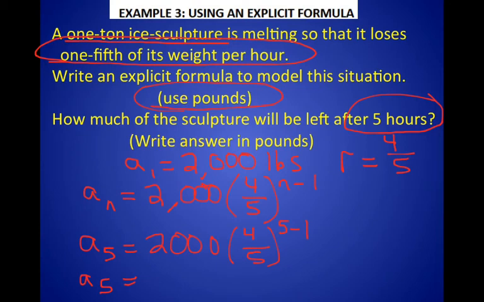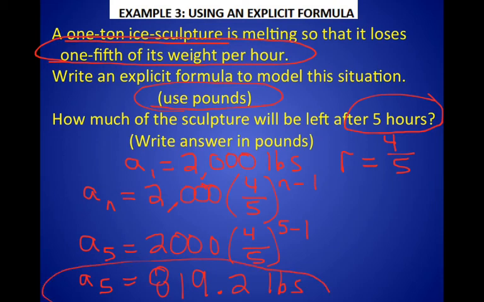So that's going to be 2,000 times, and make sure you put 4/5 into the calculator, raised to the 4th power, and it looks like we're going to have 819.2 pounds left over after 5 hours.